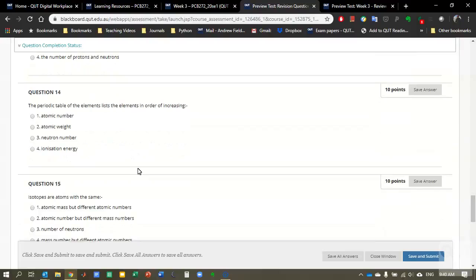Question 14. The periodic table of the elements lists the elements in order of increasing, well, they increase in order of atomic number.